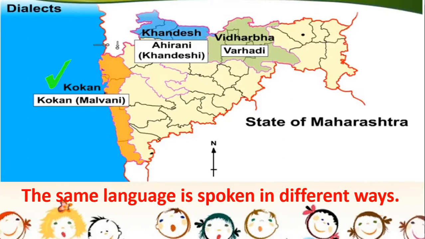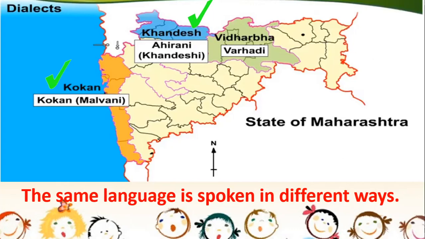So see, in Konkan, people speak Malwani, even that is Marathi, but it is a little different from pure Marathi. It is called a dialect of Marathi, or we call it Boli Bhasha, okay? People in Khandesh speak Ahirani, which is also a dialect of Marathi.